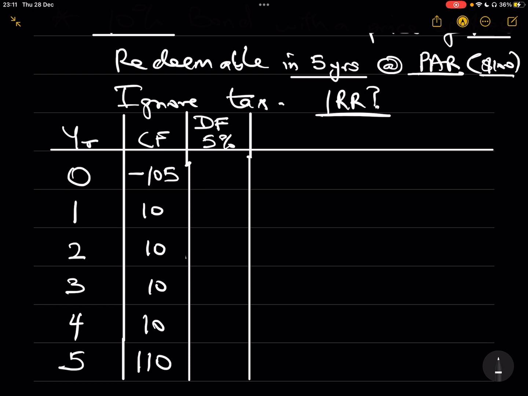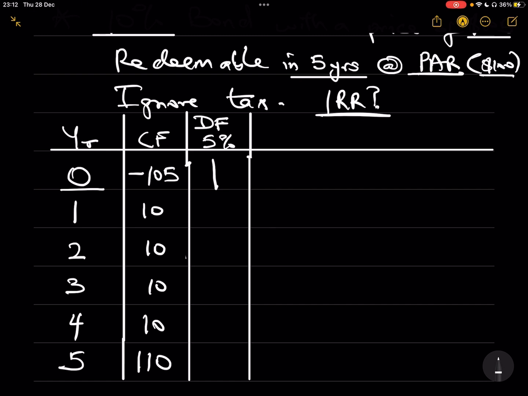Now, what's the discount factor for now, year zero? Anytime you are calculating the present value at year zero, which means the cash flow that is happening today, the discount factor will always be 1. Please take note, always 1, because the 105 that you are paying today is worth 105 today. What you are doing with the cash flows of 10 in year 1, year 2 is finding a factor that brings them to today's value.